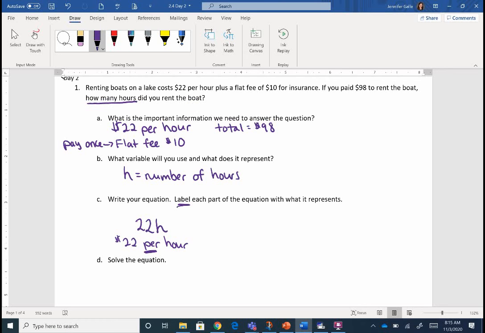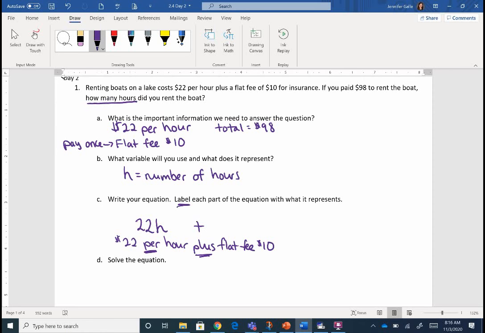Then we have plus a flat fee of $10. And plus, we've got that word. We know what plus means.